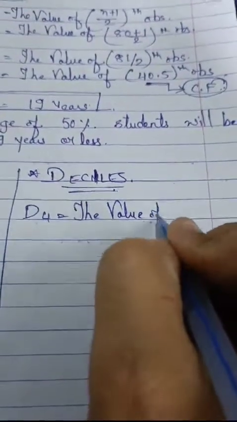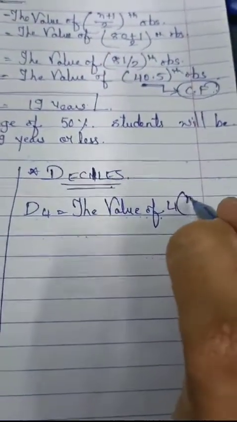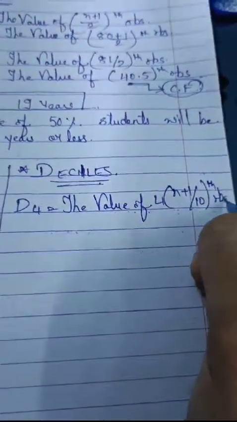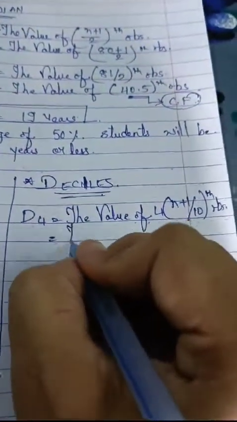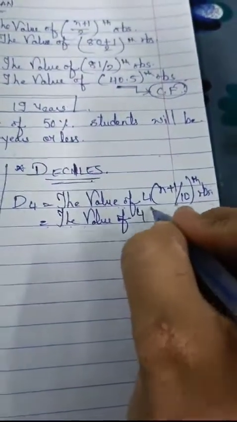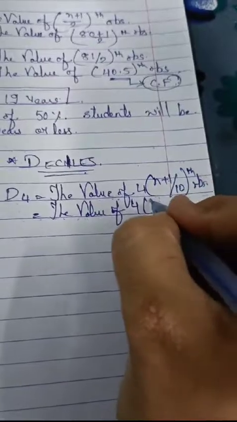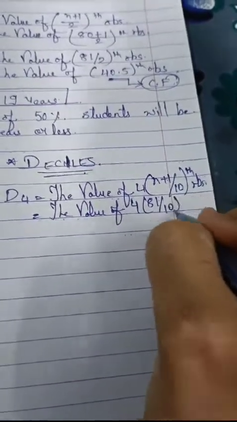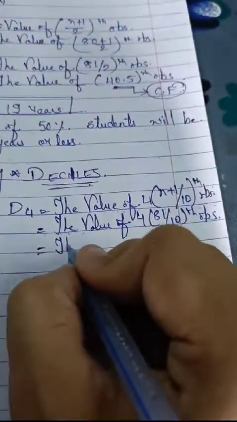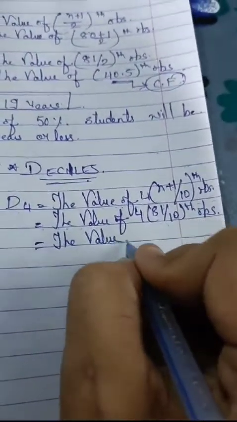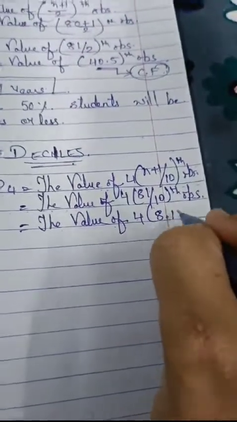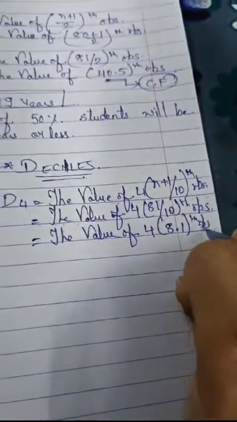So the value of 4 into (n plus 1) divided by 10. Decile means divided into 10 parts. So here the value of 4 into 80 plus 1, that is 81, divided by 10th observation. So the value of 81 divided by 10 is 8.1 observation.